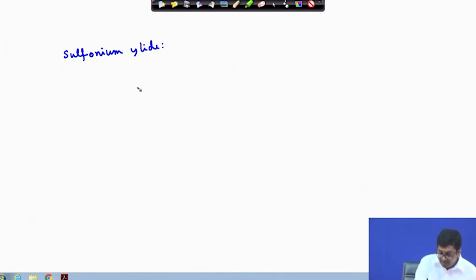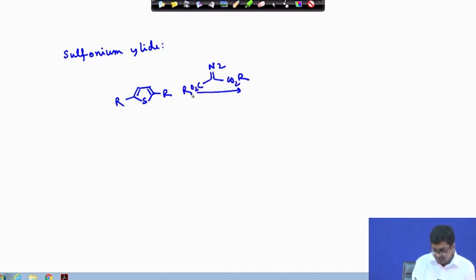As an example, we take this substituted thiophene, and in presence of this diazoester and rhodium 2 acetate as the transition metal catalyst, it will form the stable ylide.